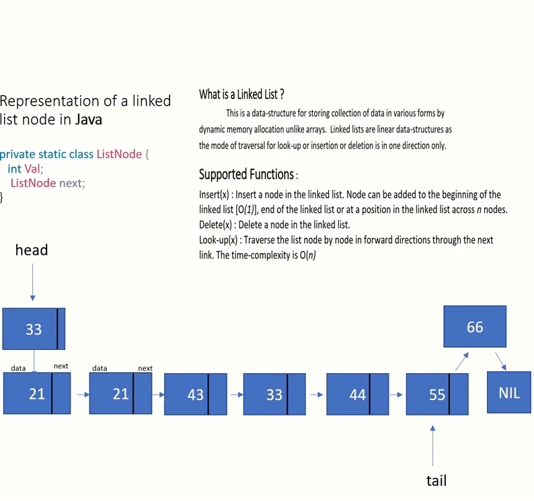Now as you see here, the next node of 55 points to 66 and the next node of 66 is terminated by null. And then if you are required to perform insertion in the middle, as you see here, it's 50. You want to insert between 43 and 33. So that is responsible for manipulating the pointers.